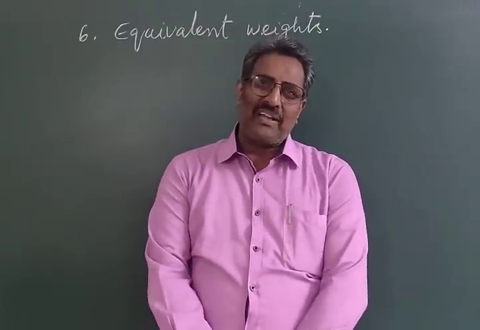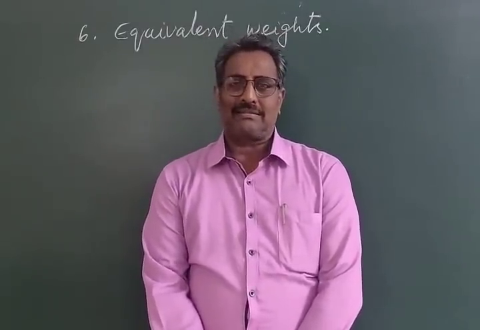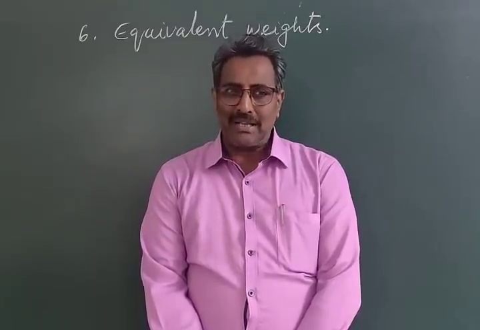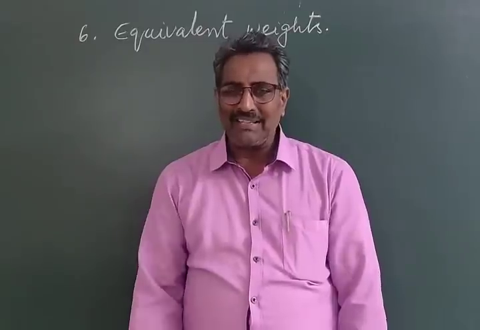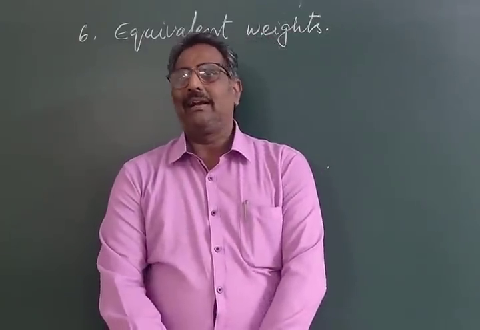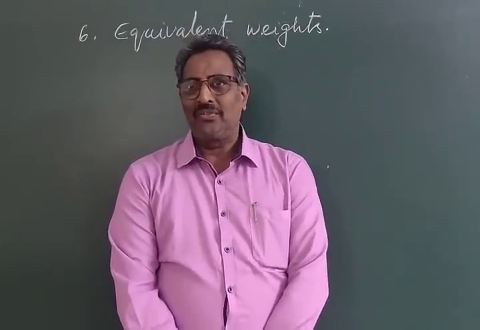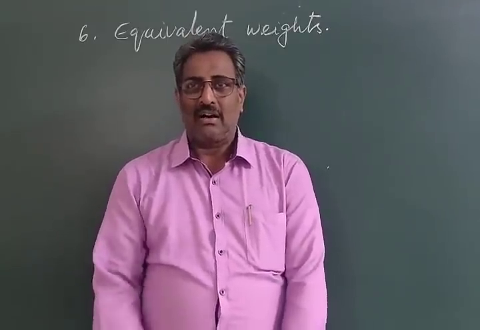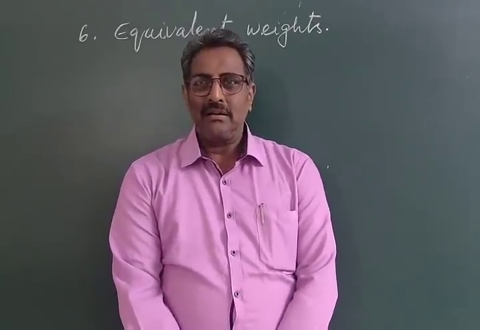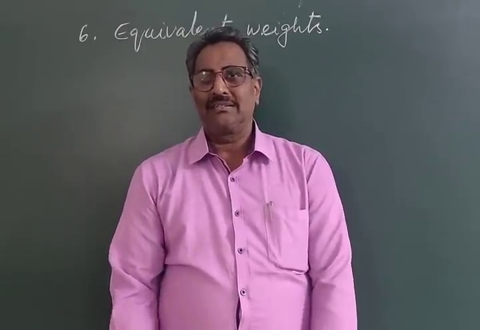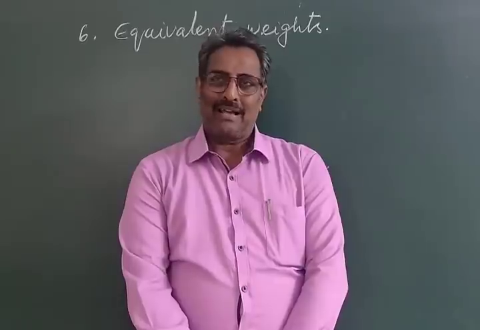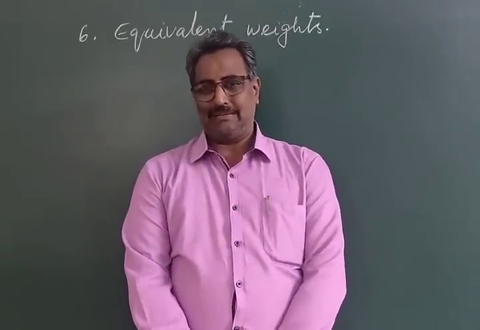Equivalent weight of a substance is defined as the amount of substance that combines or replaces 8 grams of oxygen or 1 gram of hydrogen or 35.5 grams of chlorine, directly or indirectly.